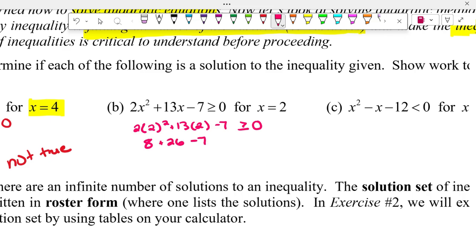What's 8 plus 26? 34. Minus 7 is 27. Is it true that 27 is greater than or equal to 0? Yes. So x equals 2 is in the solution set. If we were to solve that quadratic inequality, x equals 2 would fall into whatever our answer would be.